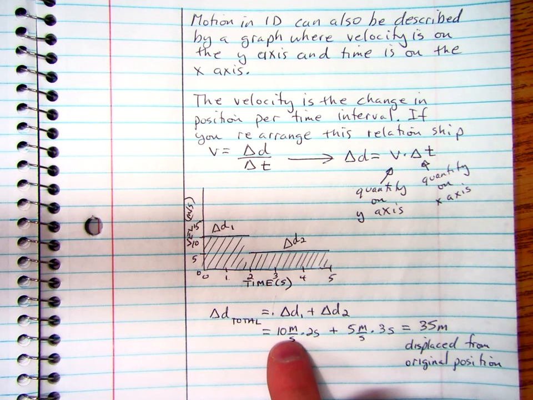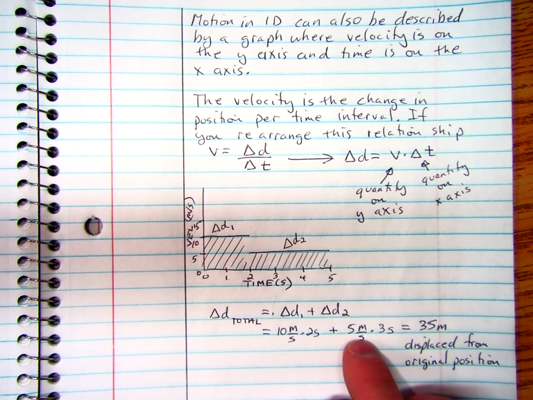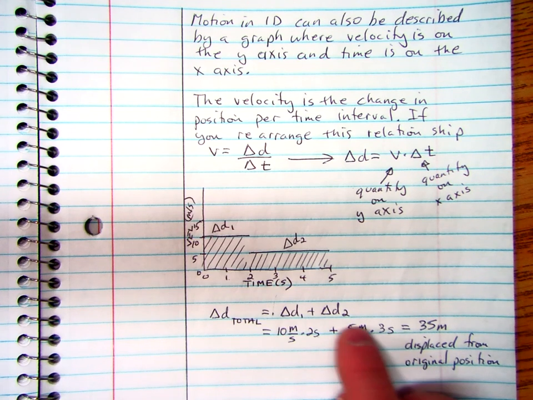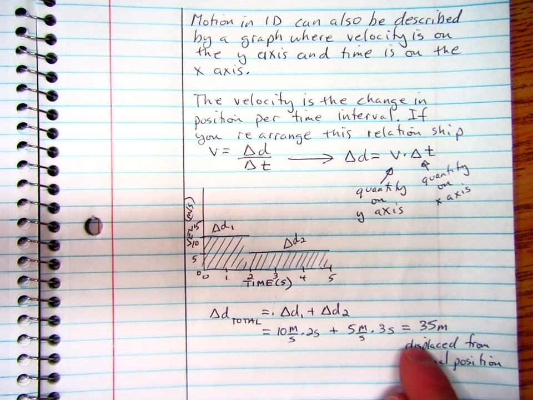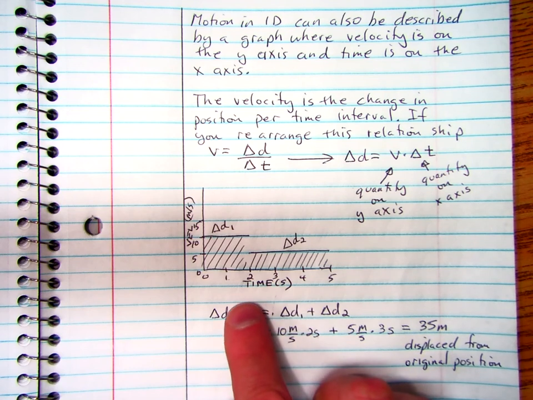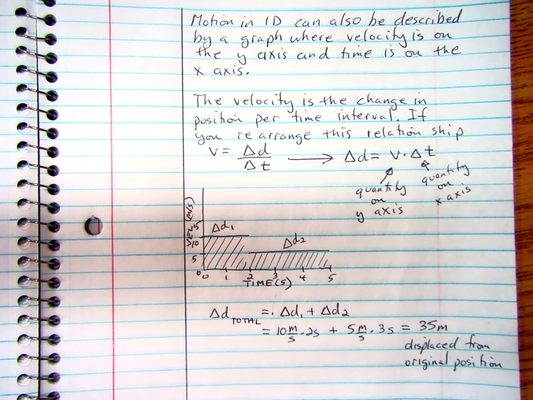You multiply the height times the width of the rectangle. 10 meters per second times 2 seconds is 20 meters, plus the height of the second rectangle, 5 meters per second, times the width, 3 seconds. 5 times 3 is 15. So 20 plus 15 is 35. So what that tells us is that the total displacement from the beginning is 35 meters. The object is now 35 meters displaced from the original position.